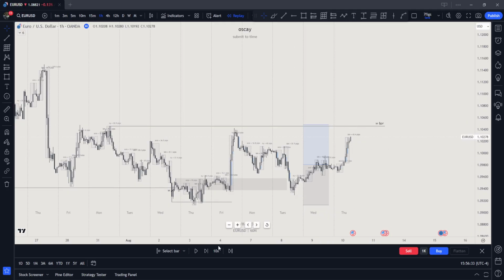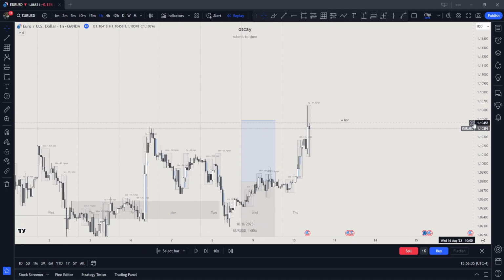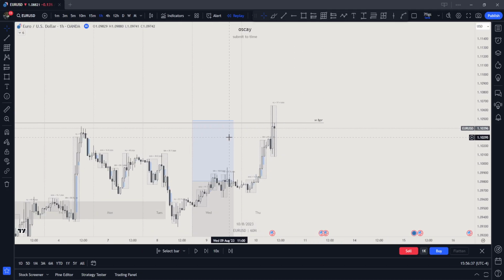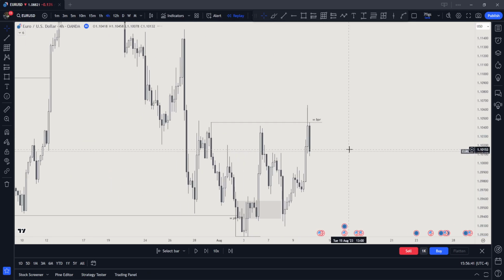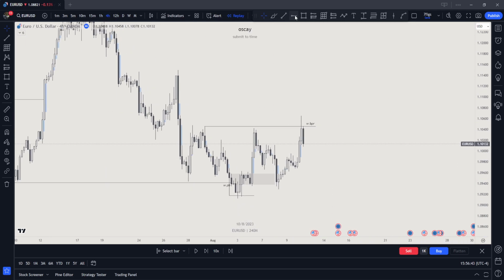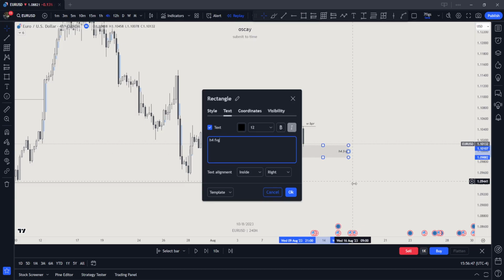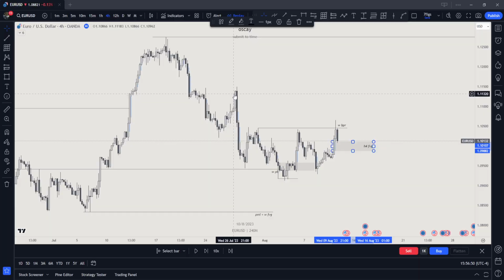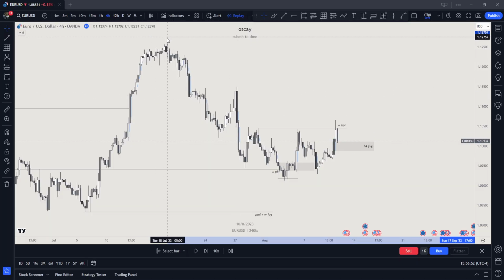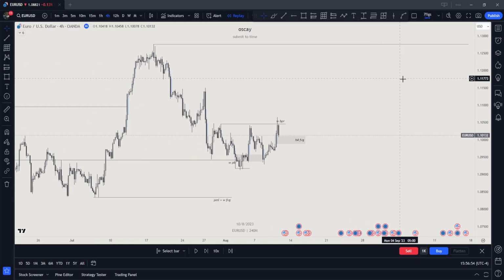So this is the day with CPI. CPI delivered a move into the weekly balanced price range. So daily is stepping down. We have a beautiful reaction.